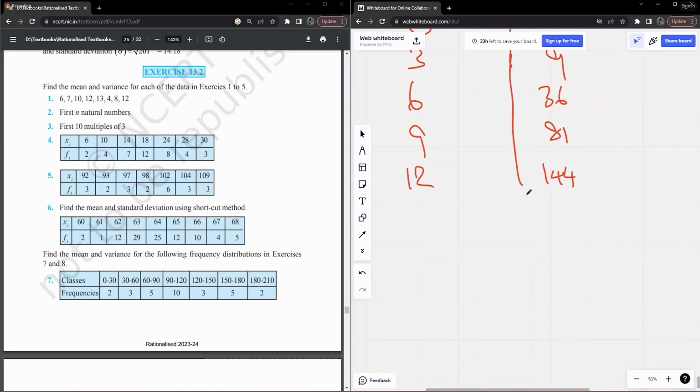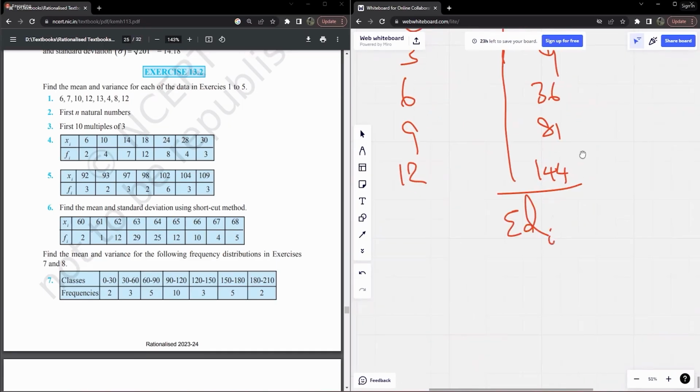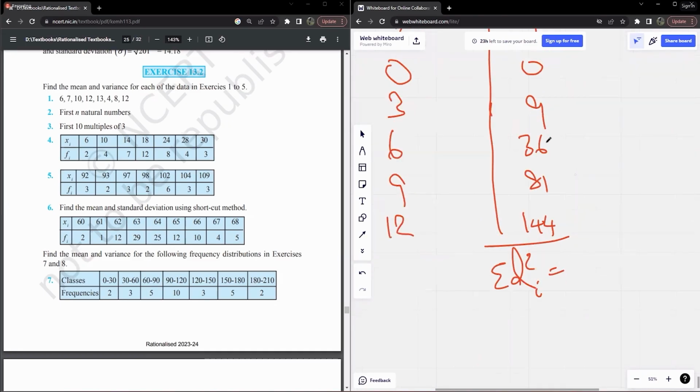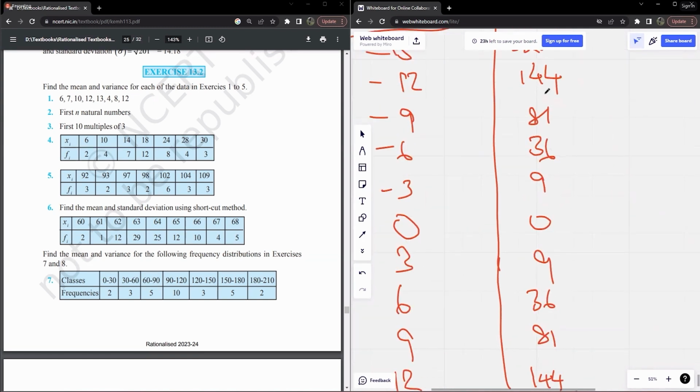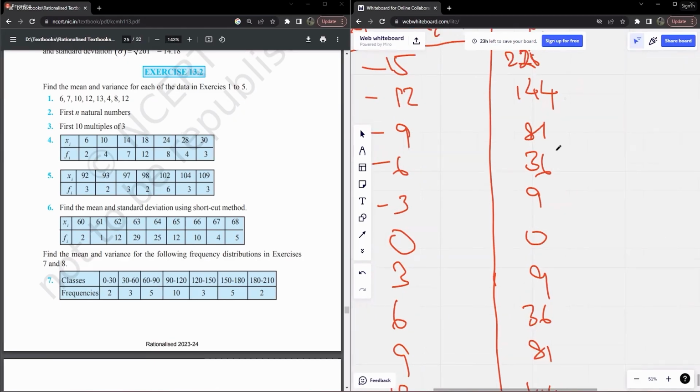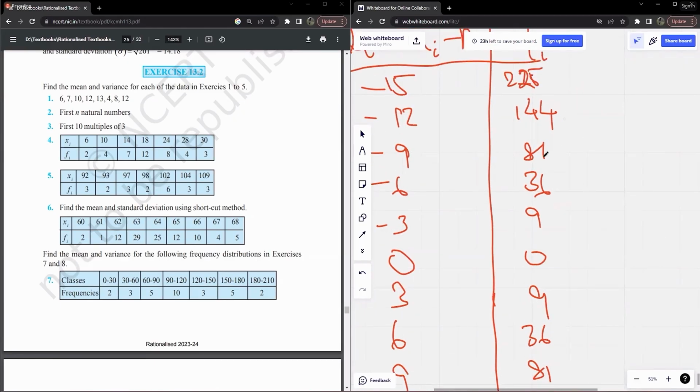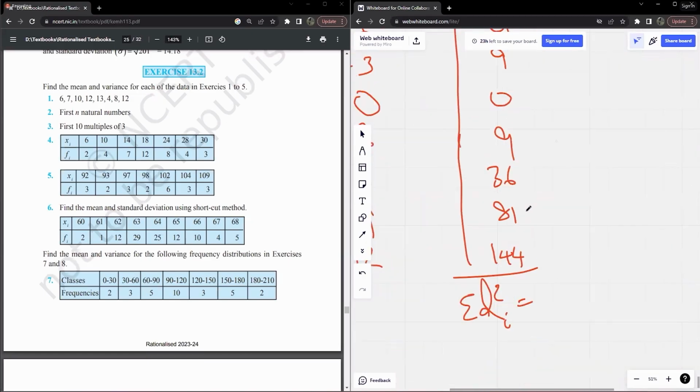Because of which, sigma d square I can write as 18, 72 plus 90. 90 plus 162 is 252. 252 plus 288 becomes 540. 540 and 225 is going to give me 765.